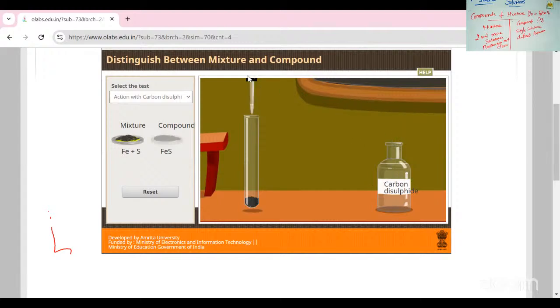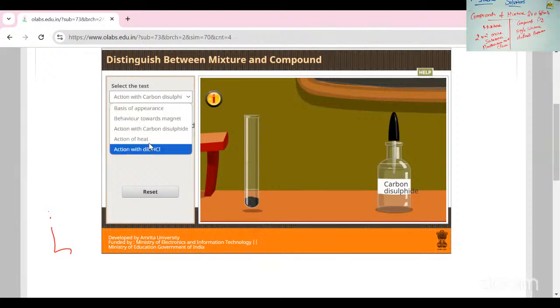FeS, I am adding some carbon disulfide to the test tube. Just shake that test tube, there is no change. So this is the compound. There is no change. This indicates that sulfur loses its original property in the formation of the compound. So this is the confirmation test of the compound.